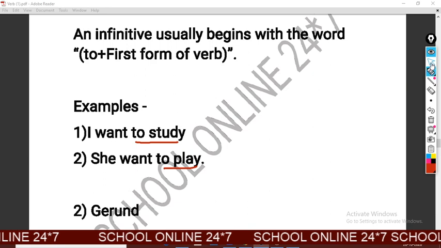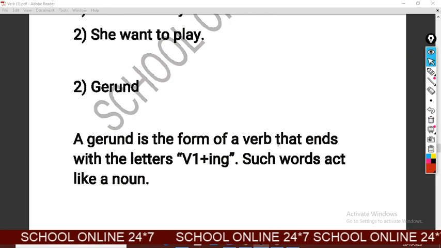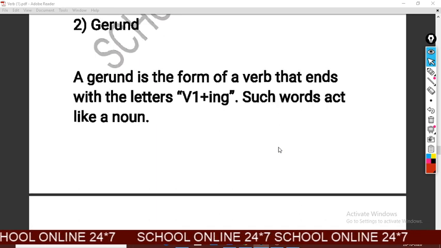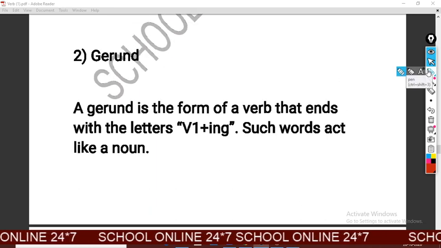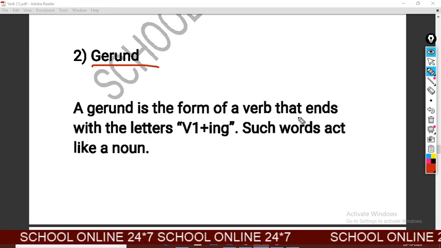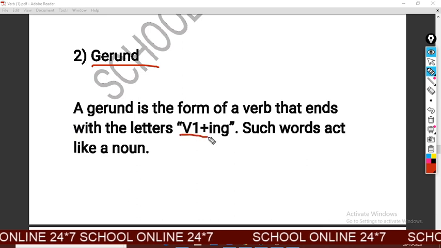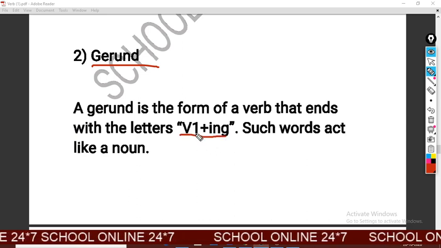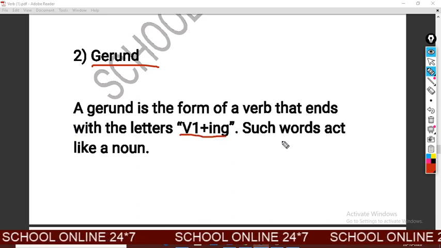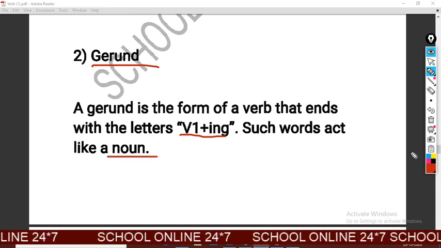Second kind of non-finite will be your gerund. A gerund is a form of verb that ends with ing, and the formation of gerund will be first form of the verb plus ing, and such words act like a noun in a sentence.